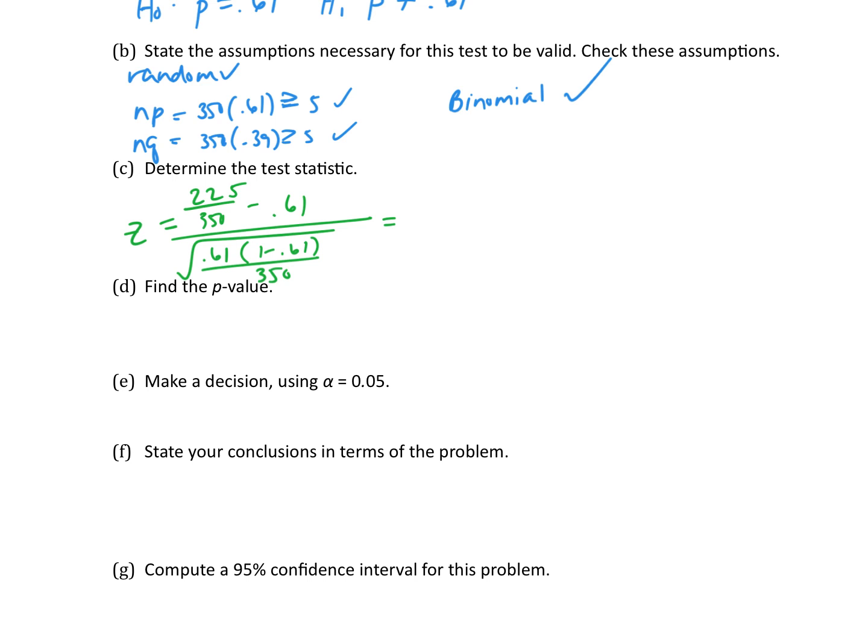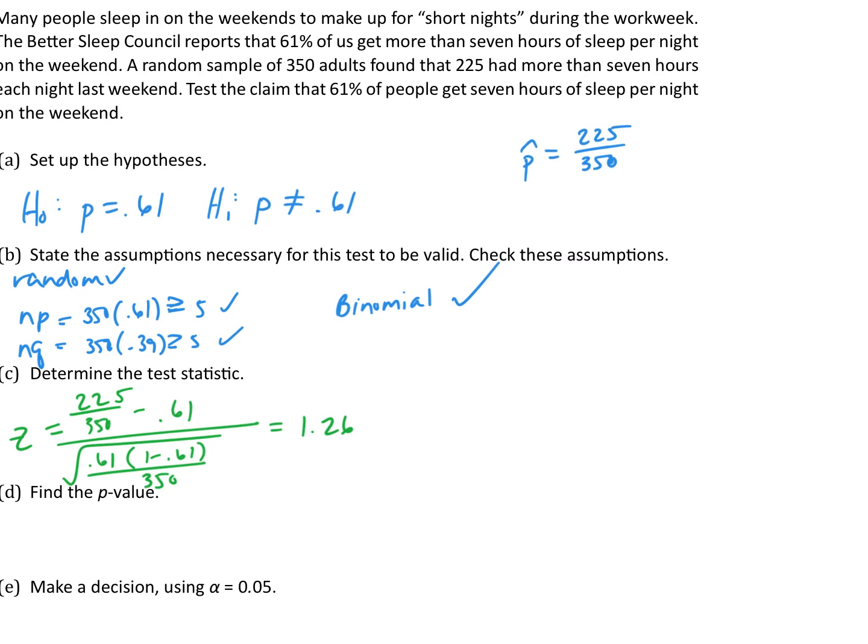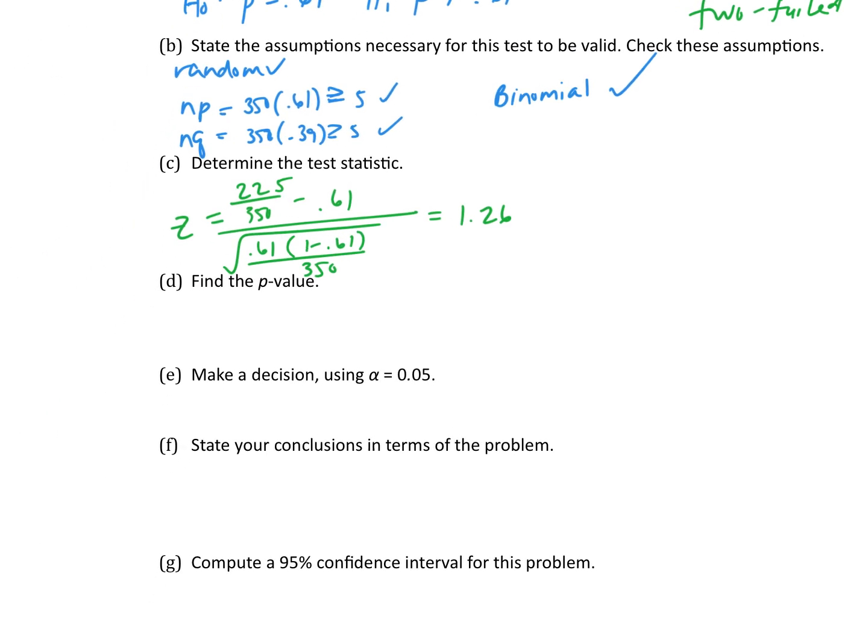So we are going to get 1.26. We didn't state it, but what kind of test are we doing? We are doing two-tailed. So remember, that means when I find my test statistic, I am looking at the probability that Z is less than negative 1.26 and the probability that Z is greater than positive 1.26.